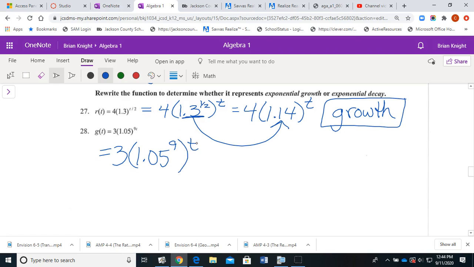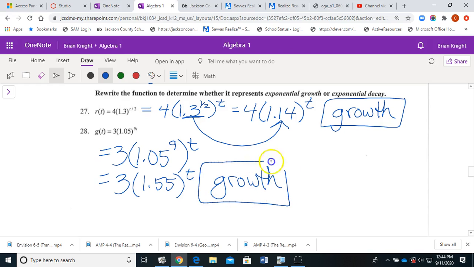So what is 1.05 to the 9th power? You just scooch it to the inside. That's a great word. It's about 1.55. Is that growth or decay? That is also growth. It's greater than 1 still. The whole time, all of yours is growth.